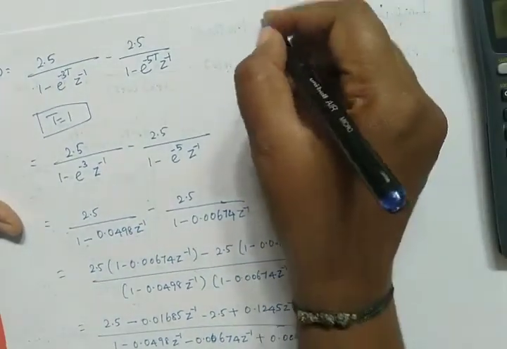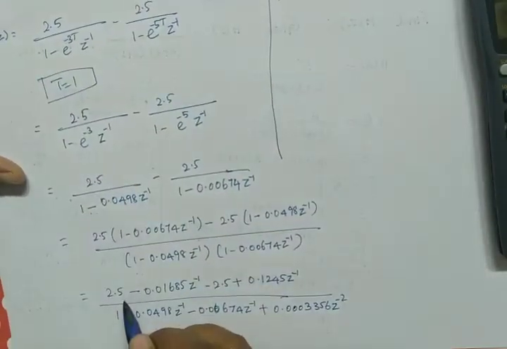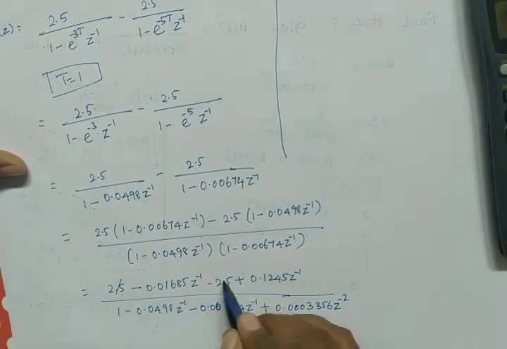Now let us write the final answer. H of z will be equal to 2.5 plus 2.5, and here we have minus 2.5.